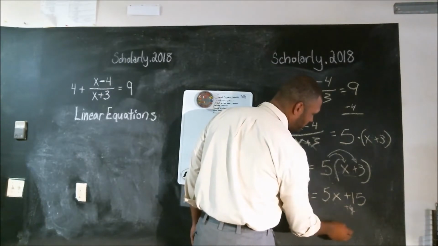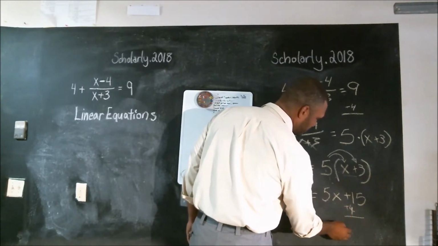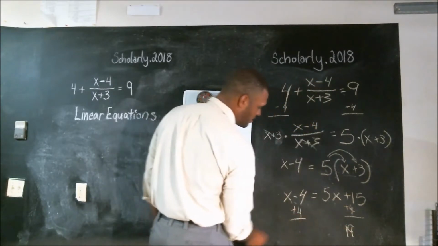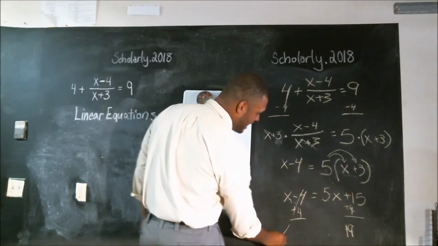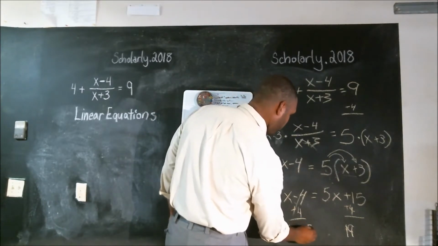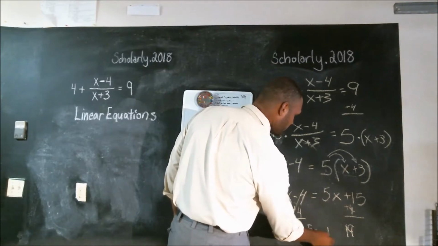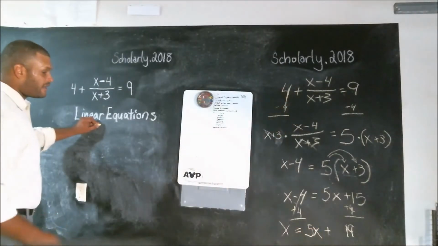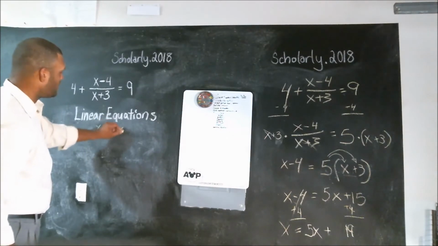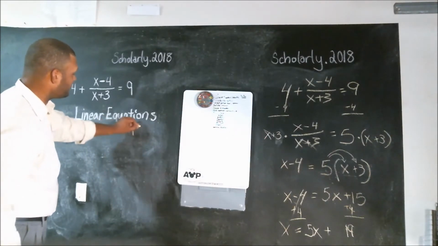What we're left with here is a 19. We're running out of room here. These cancel out. So we have x equals 5x plus 19, and we write the equation over here.